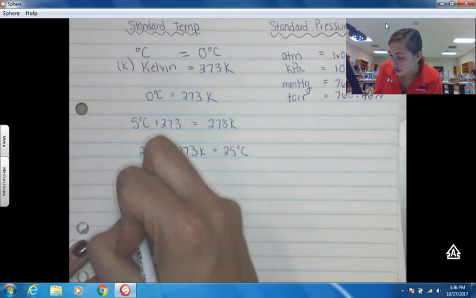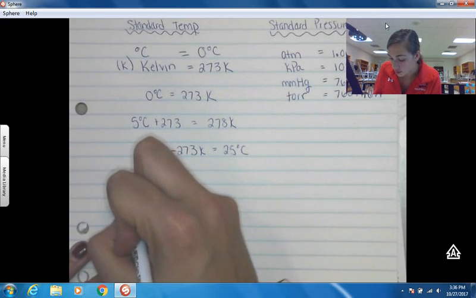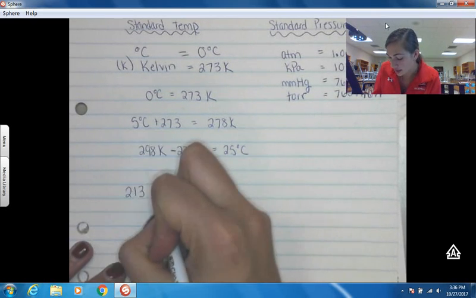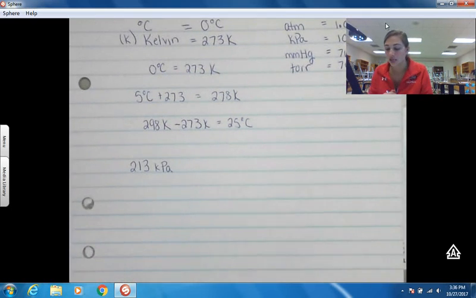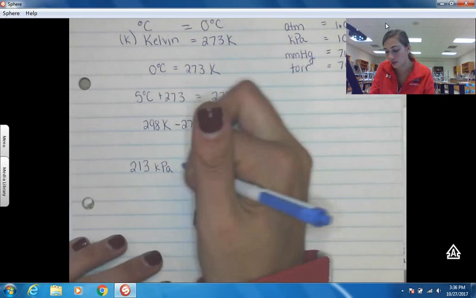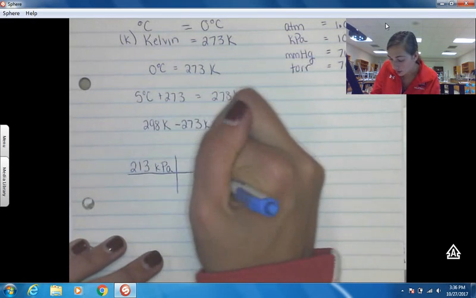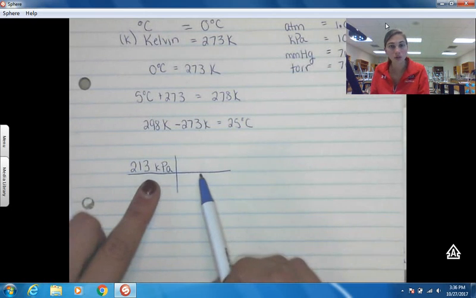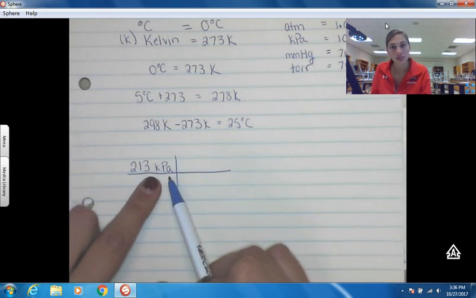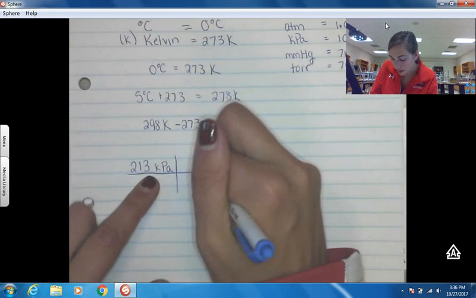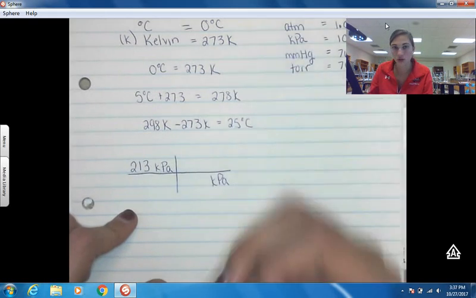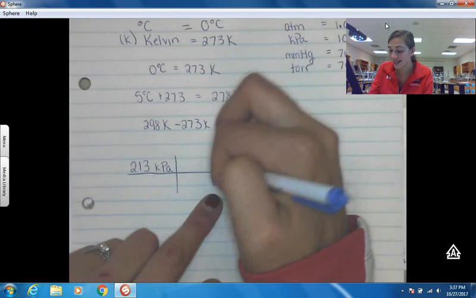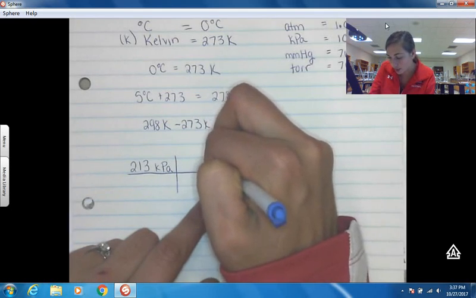So, for instance, let's say I gave you 213 kilopascals, and I asked you to solve for this pressure in units of atmospheres. So I want to set up a conversion factor. Just like we've been doing, whatever unit is here, we have to put on the bottom, because this is like a division sign and they're going to cross out. If I'm trying to get to atmospheres, that's what I put on top.